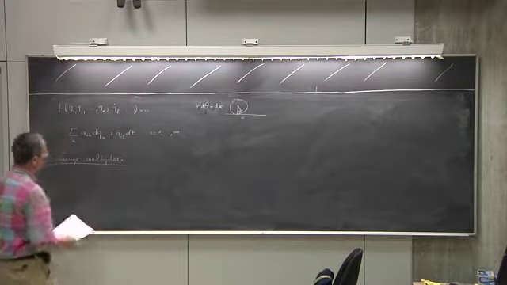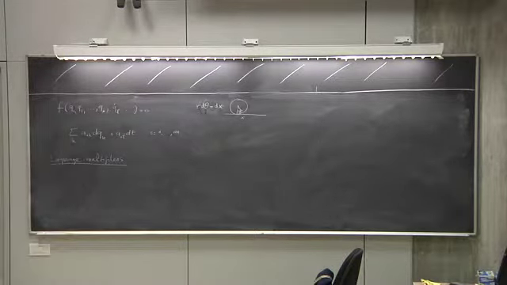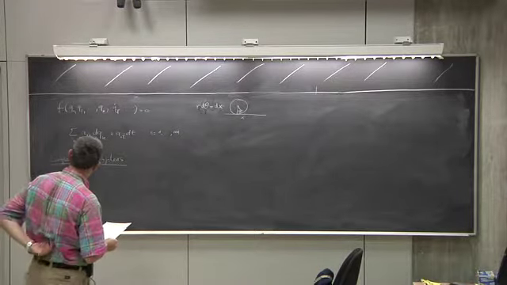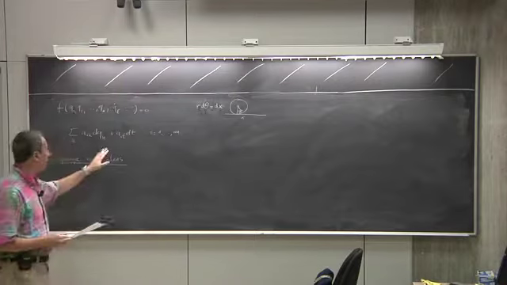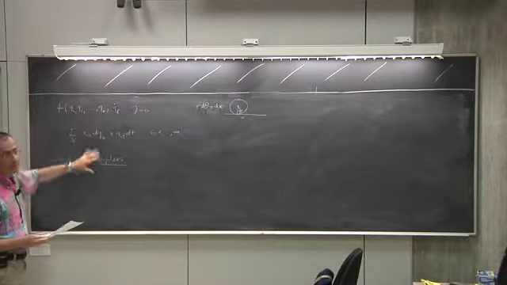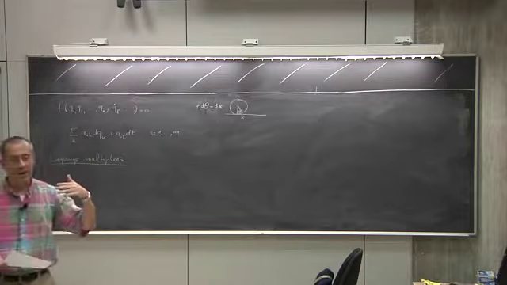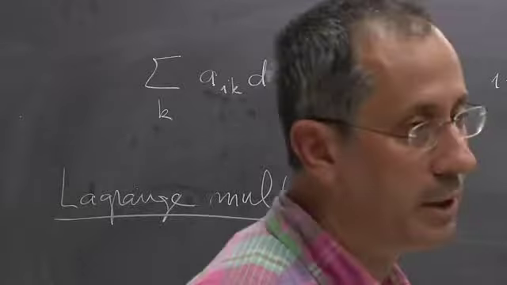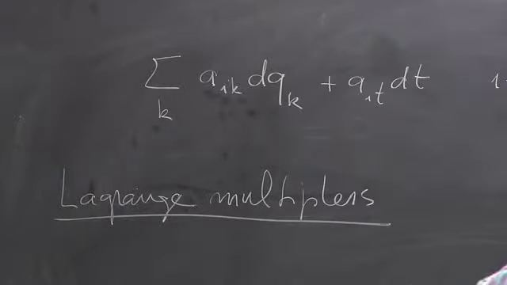You see in a second why. That essentially you replace the Lagrange equations with a new set of equations in which this constraint enters, and you have more unknowns, but you have more equations, and then you solve them together, and you find the solution.